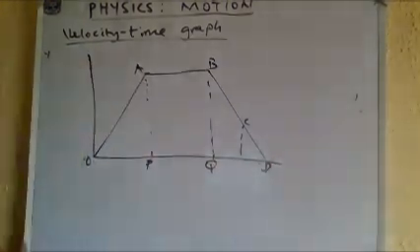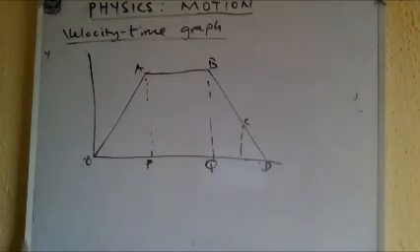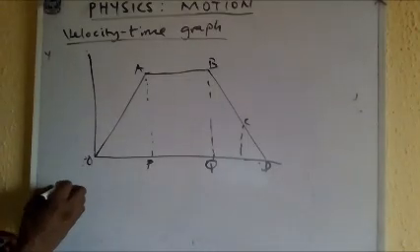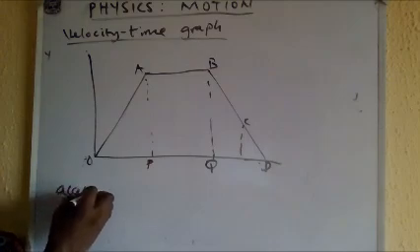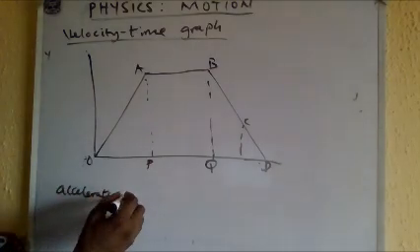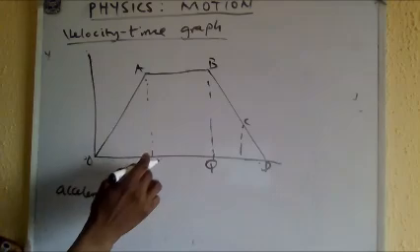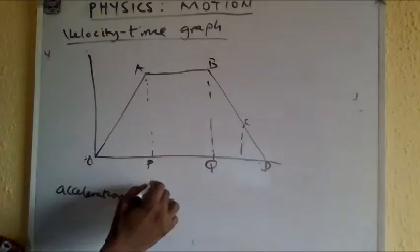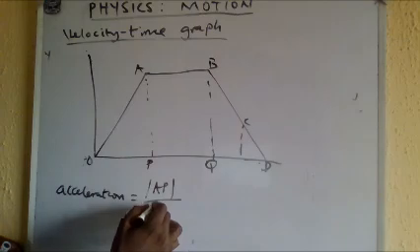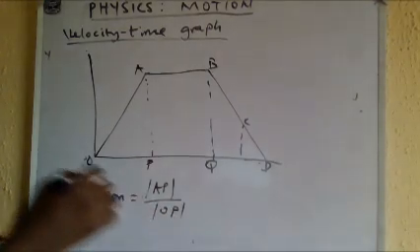Now, from this velocity time graph, we can see that acceleration is the slope of the graph, which is line AP over line OP.